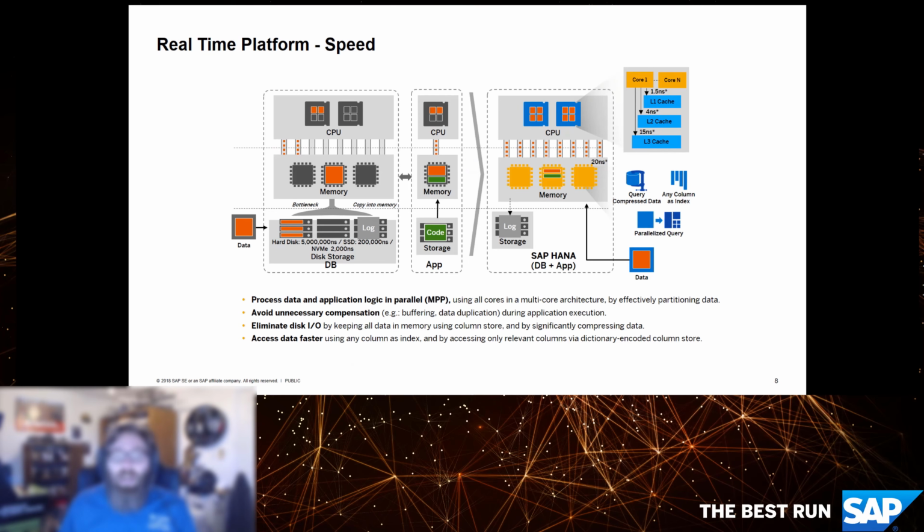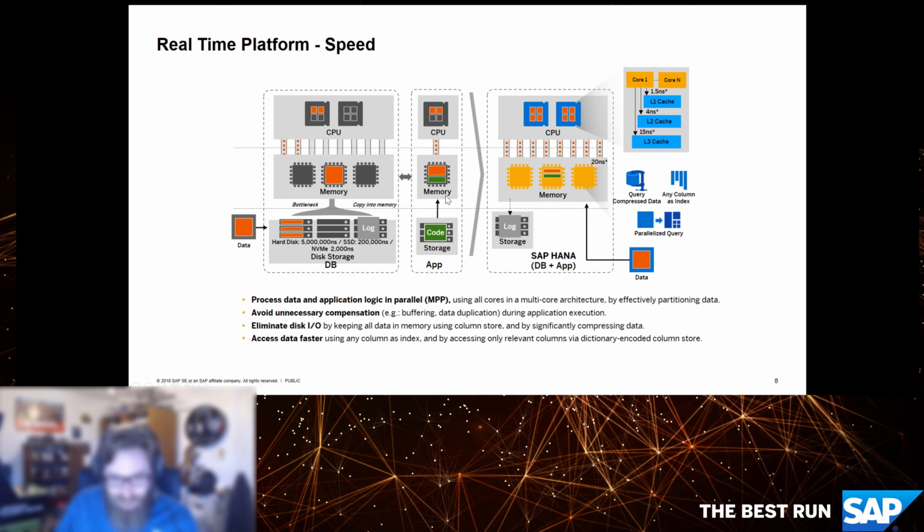Okay? And of course the topic of the day is speed. We talked earlier about how the bottleneck in the past has been disk, hard disk. If we look at some of these numbers here, and I want to stress, I updated some of these numbers. I took an older slide, and of course technology has improved.